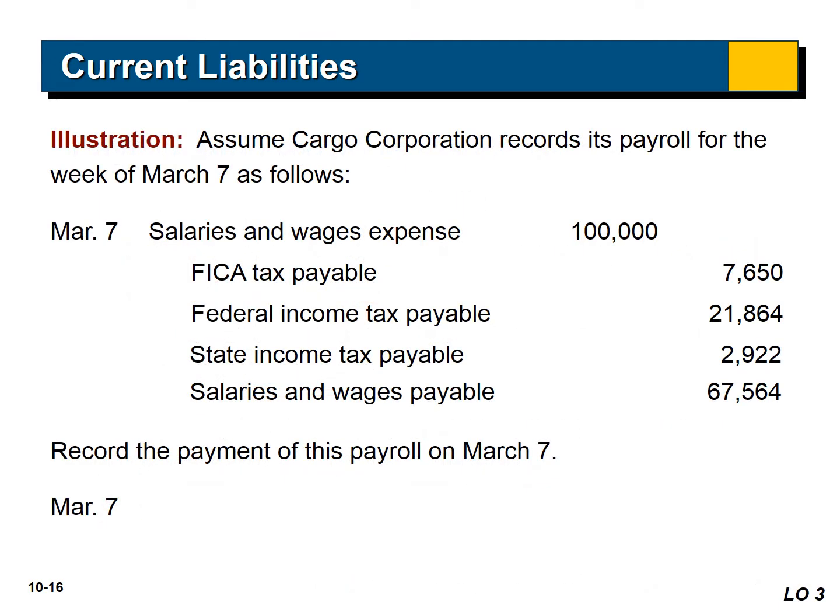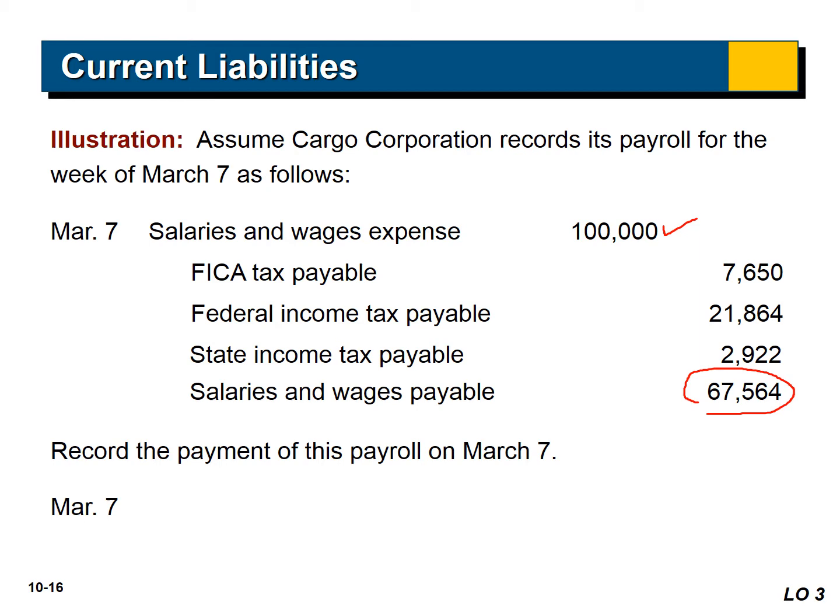Assume Cargo Corporation records its payroll for the week of March 7th as follows. So what is going on here? The wages expense would be your gross pay, what you've actually earned, where the wages payable is the check that they're going to eventually write.